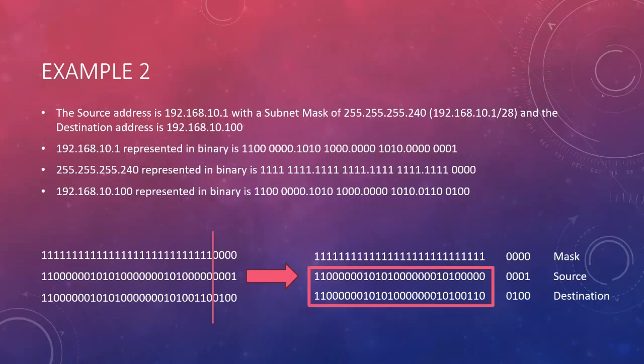So the device ending in .1 is going to have to pass that packet to its router that's specified in its default gateway, and the router is going to get the packet from the .1 address to the .100 address, because you're actually crossing networks at this point.